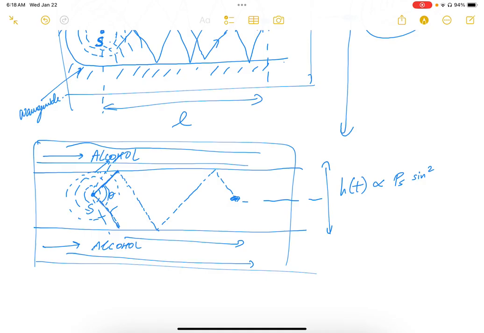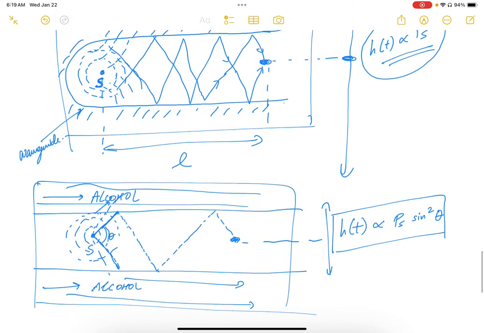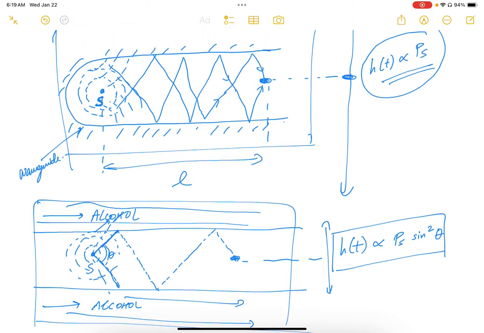Basically, this is called the acceptance cone. So as long as the waves are within this angle, it is basically guided within the water. But if it exceeds it, it goes into the alcohol. So it's proportional to the sine square of this angle. And again, here it doesn't really depend on how far the paper is from the source. So these are two ways by which you can make a waveguide.